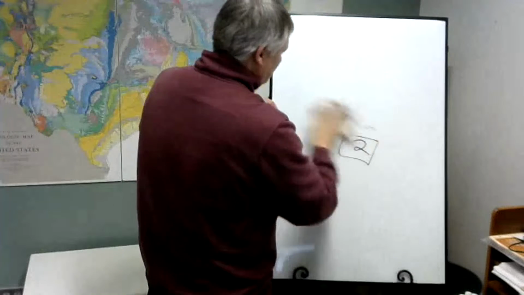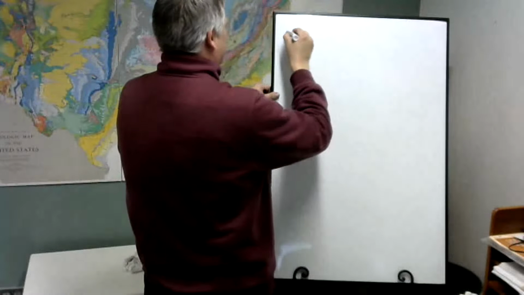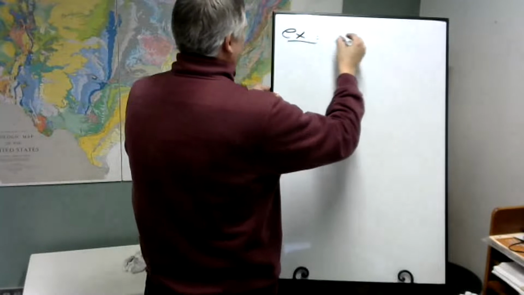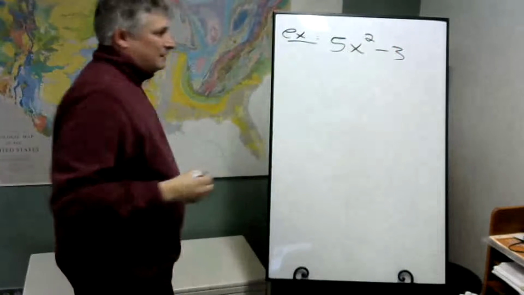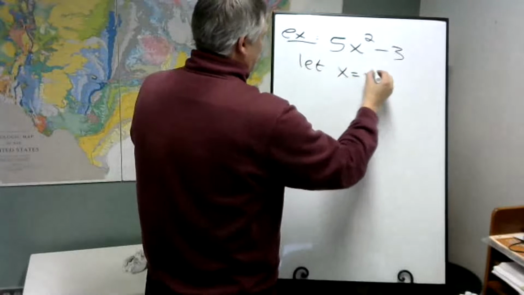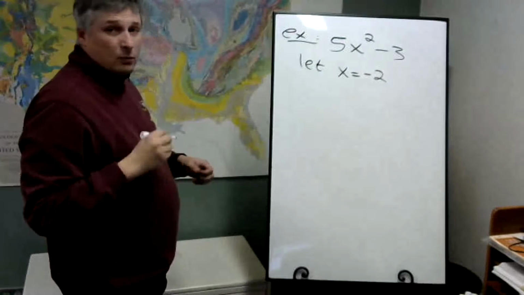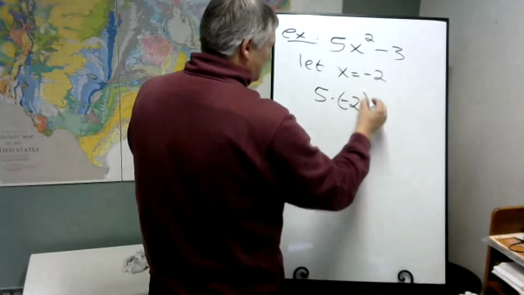For example, let's say we have this. Let's say x is -2. Well, in this case, we'll have 5 times -2 squared.